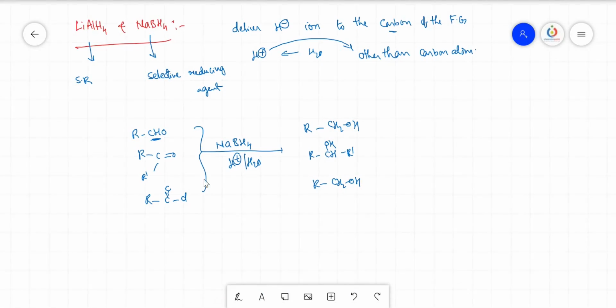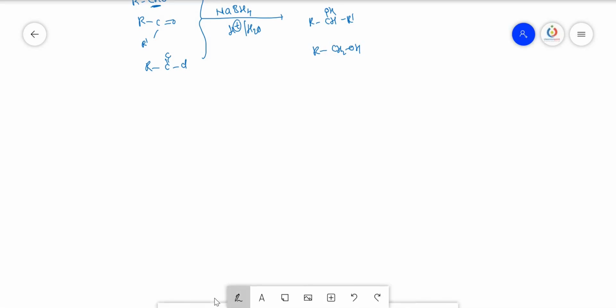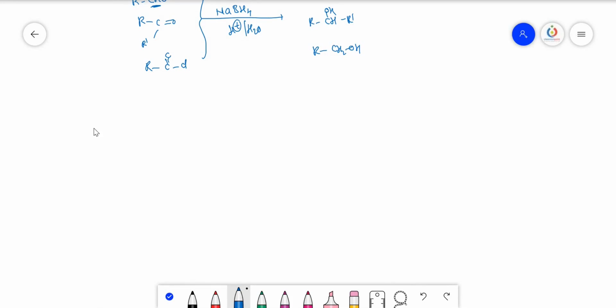Then what about lithium aluminum hydride? Lithium aluminum hydride reduces a vast number of the functional groups to alcohols. See here, aldehyde.